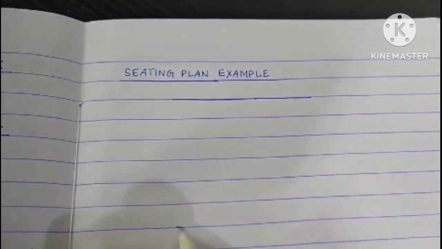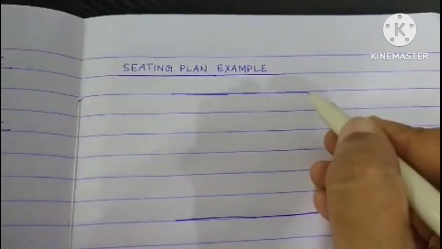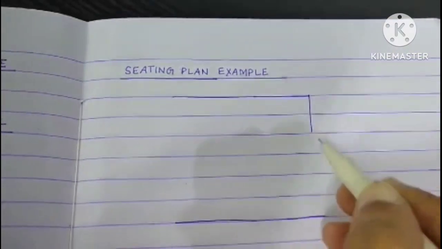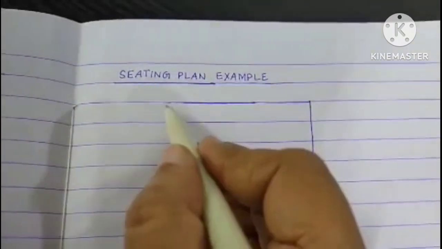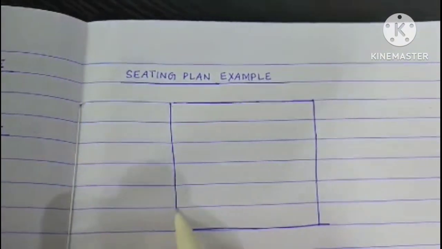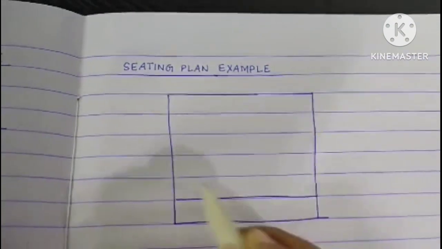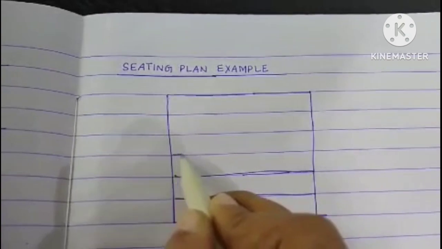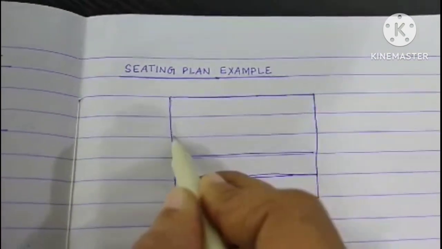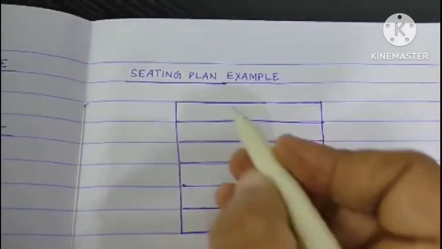Suppose we draw one square, merging all the desks. So it will be like this, and later on we will find the position of a student, where he or she is located.